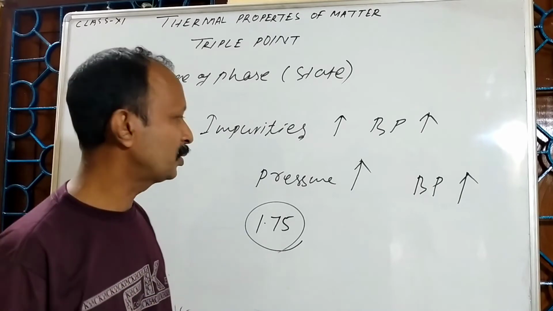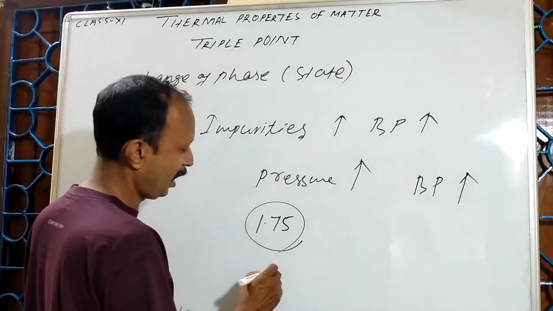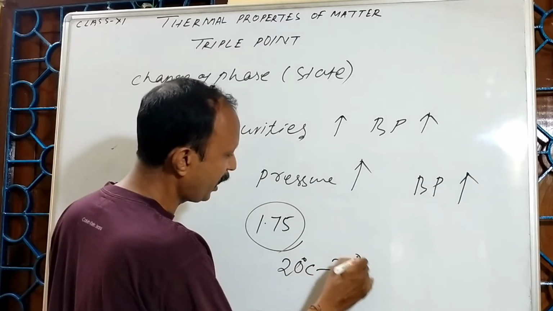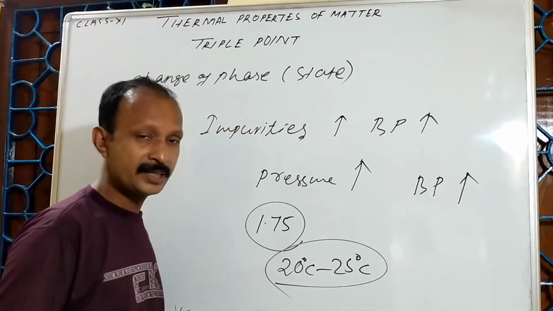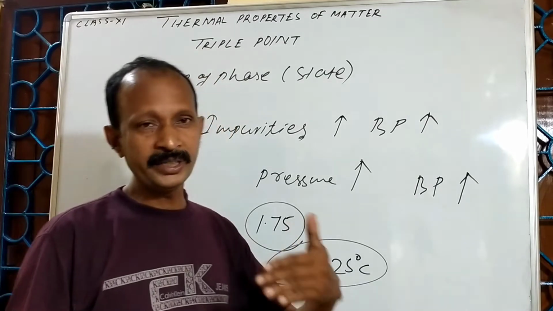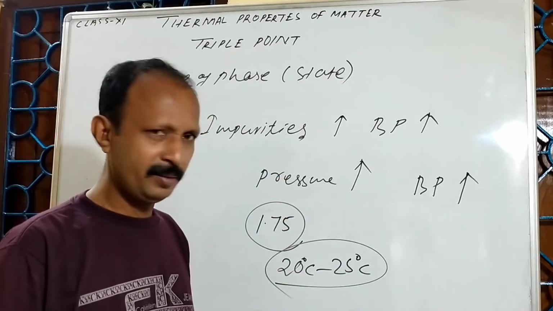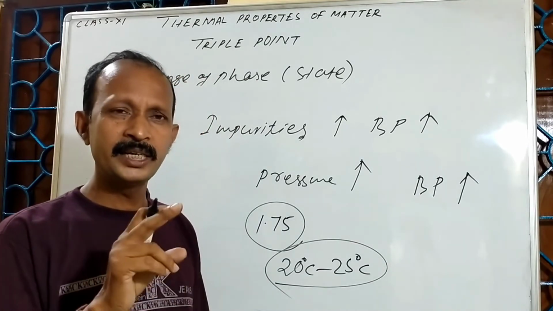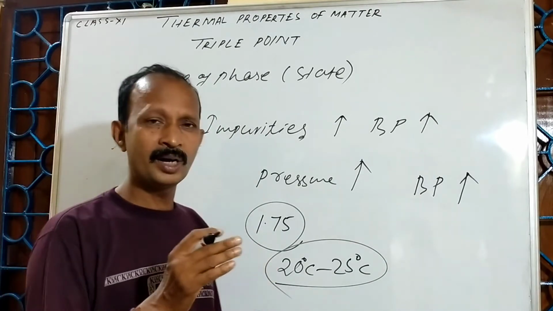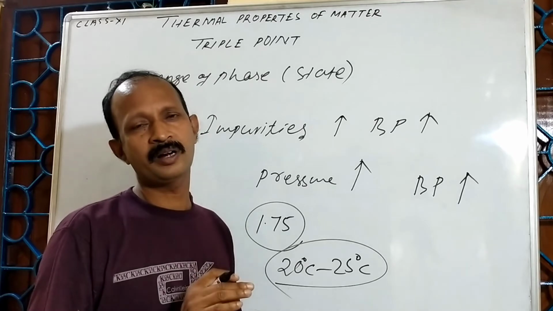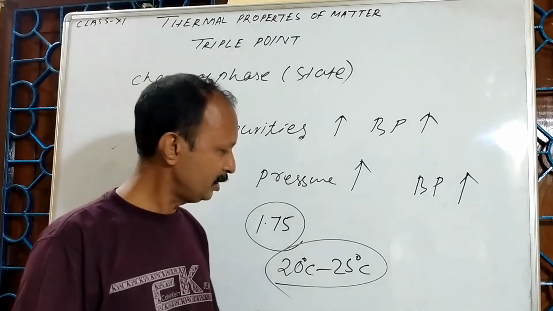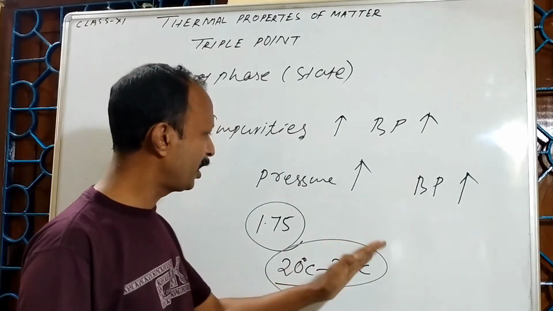So inside the pressure cooker, the boiling point of water ranges between 120 to 125 degrees Celsius. As a result, the mountaineers who go to the higher levels where the pressure is low, to counter that they use what? A pressure cooker. Because inside the pressure cooker, pressure is high. As a result, its boiling point will be high.